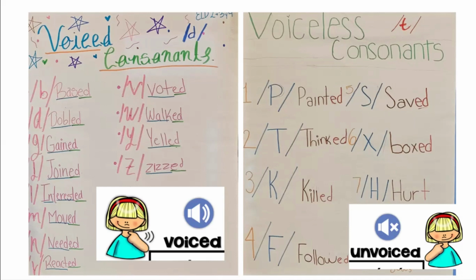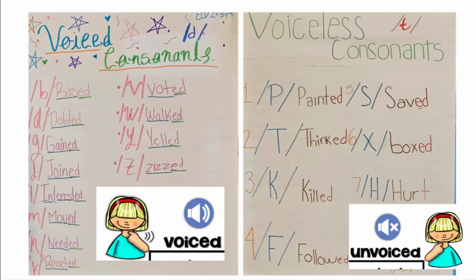D, D, G, G, M, M, N, N, V, V, W, W, D, D, Z, Z. Those are the sounds where you should be able to feel that vibration if you have your finger by your throat.